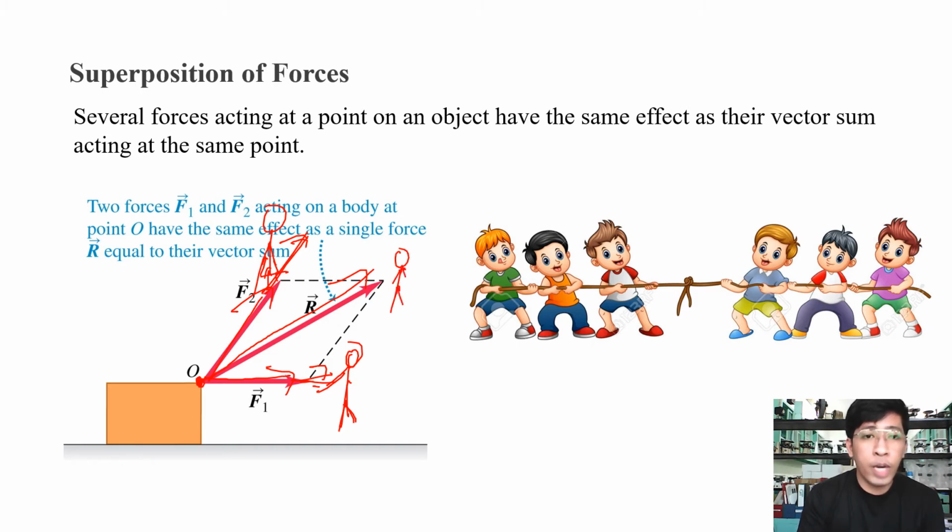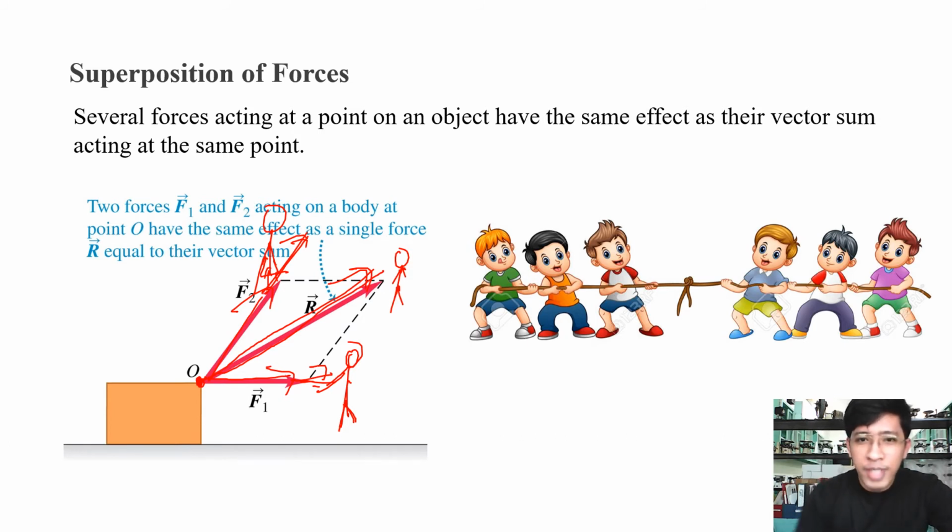This is equivalent to one person pulling the box with this amount of force in this direction. So that is your superposition of forces.